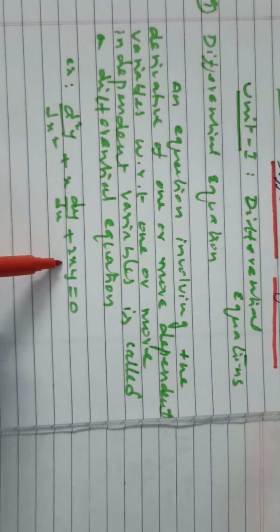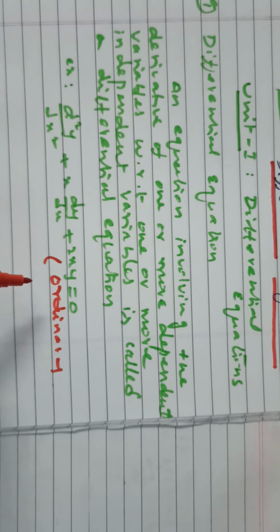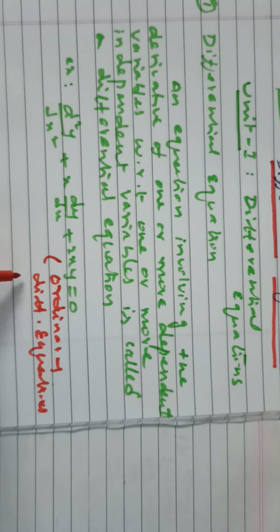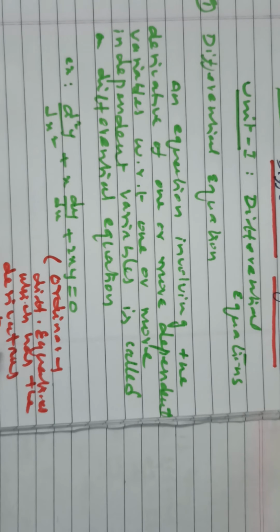So these types of differential equations are called ordinary differential equations, because they have the derivatives with respect to one independent variable.